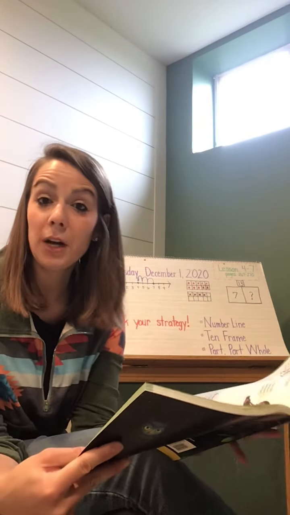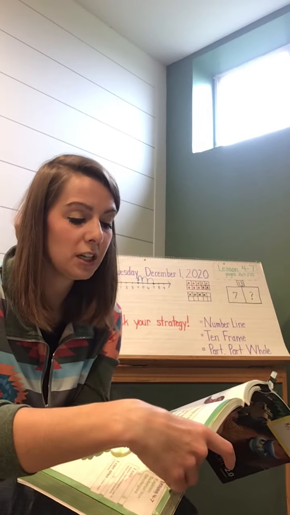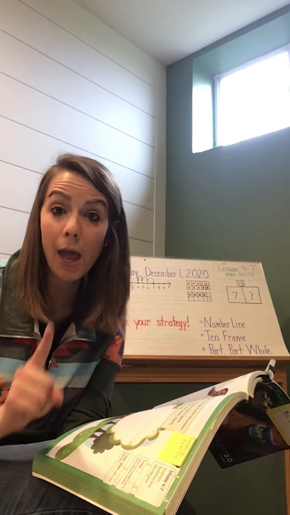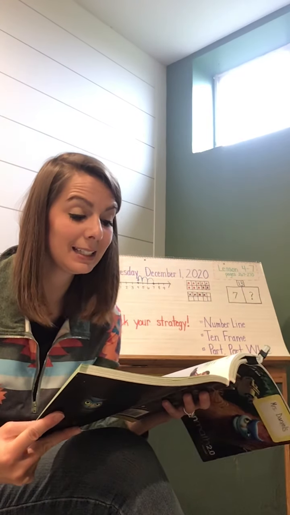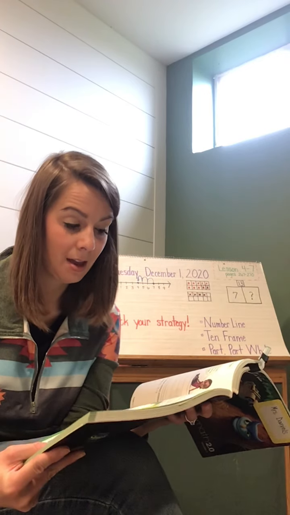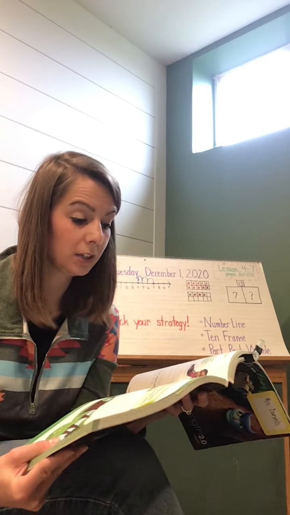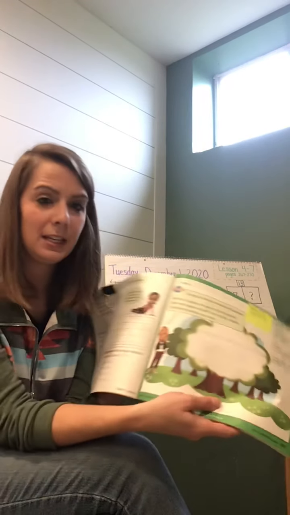So on page 267, it says, choose a strategy to solve the problem. Jeff has 12 apples. He gives 6 apples away. How many apples are left? Use words, objects, or pictures to explain your work. So let's see.